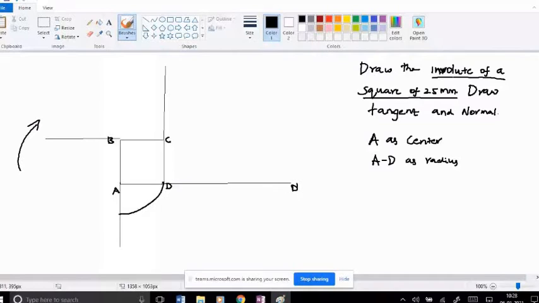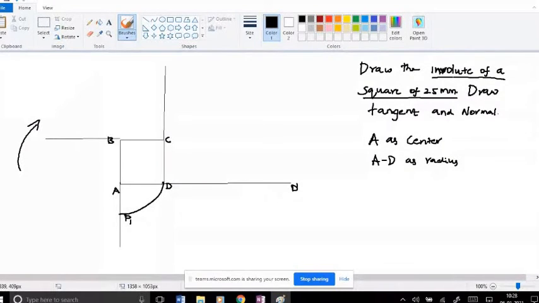Yes, sir. Okay. Next, you need to draw till this line. So next, what you need to do is, let me name this as P1. Okay.